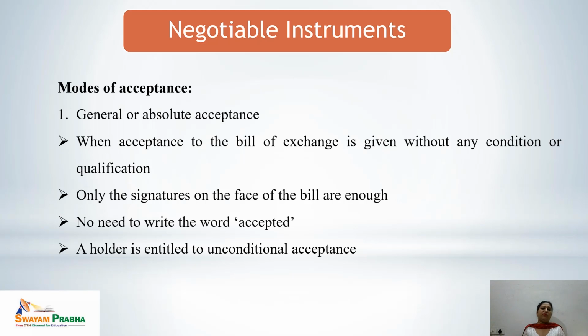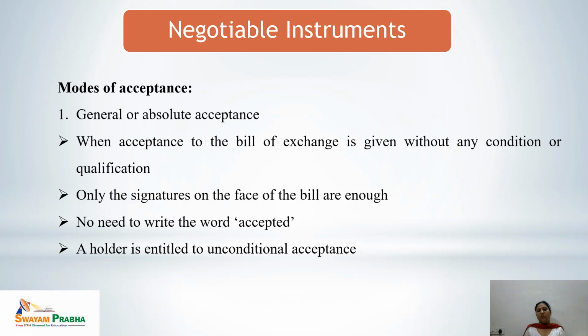Now, what are the modes of acceptance of a bill of exchange? The first one is the general or absolute acceptance. That means when the acceptance of a bill of exchange is given without any condition or qualification. No condition is attached, just the signature is put on the face of the bill. That makes a valid acceptance, known as the general or absolute acceptance.